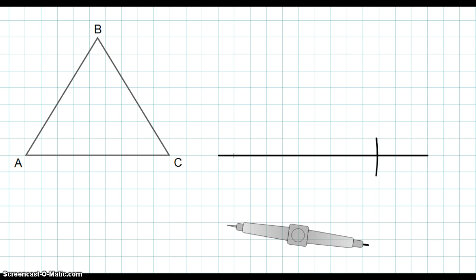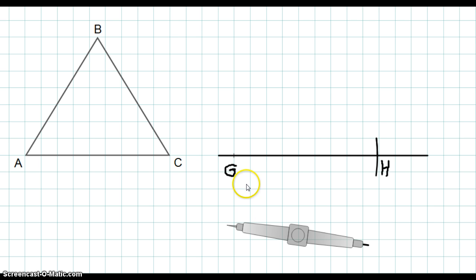And maybe I will label this. We did D, E, F, so maybe this time I'll do G. So let's call that point G. And let's call that point H. So I've got GH.